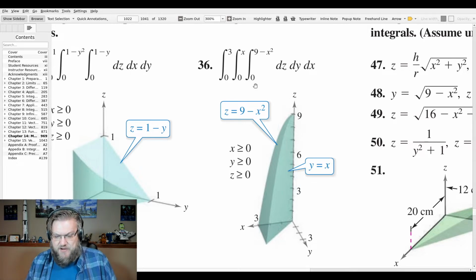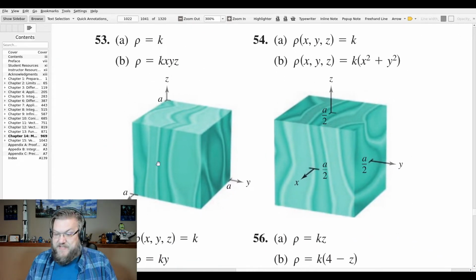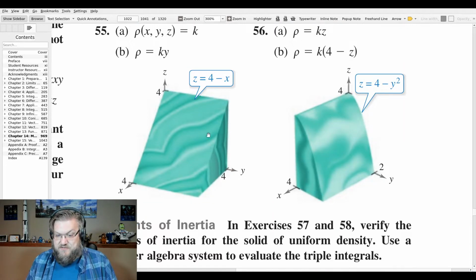Now, there's a couple other applications in this section that I'm not covering. For instance, I'm not going to do center of mass and total mass for triple integration, finding the mass of these sorts of shaped objects.